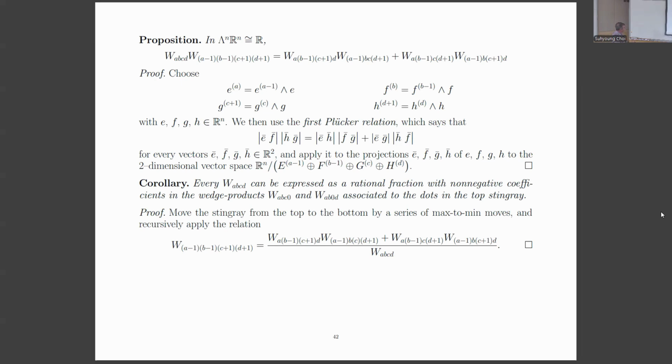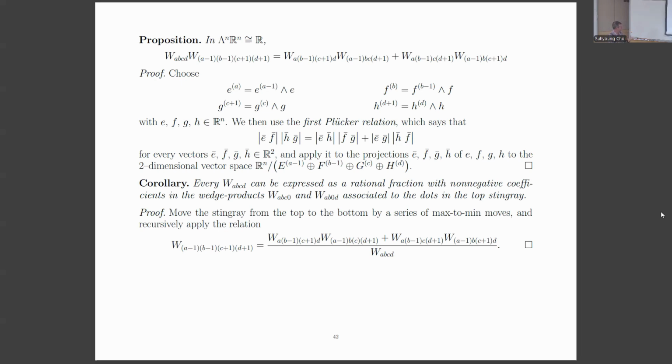So when you choose your exterior powers, it's smart to choose one for E_{A-1}, but for the next one you have a freedom. You can choose it as the one associated to A-1 wedge with some element E. That's a smart way, and same for F. So the higher F, you take with the smaller exterior power F wedge a vector F, and so on, G and H. So you choose them like this.